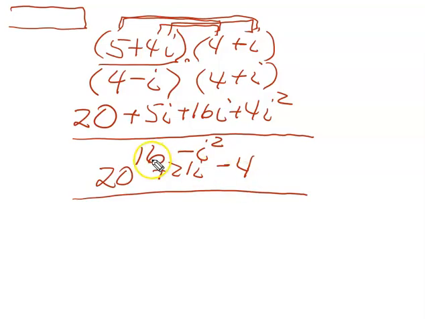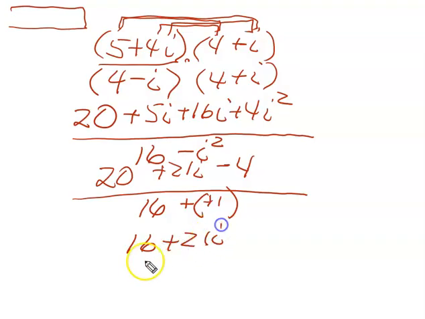Now my bottom is a 16 minus, this i squared is a negative 1, so collectively this now becomes a positive. And I now have a negative 4 and a 20, which is a 16 plus 21i, and that's all going to be over 17. And that's what they show you on the slide, but I thought it was nice working it out this way.